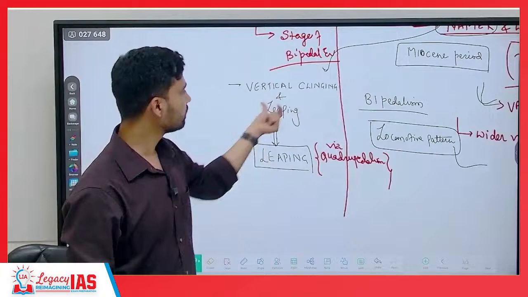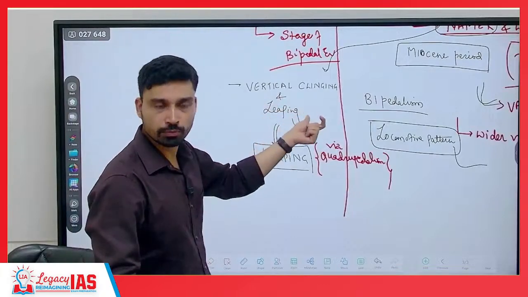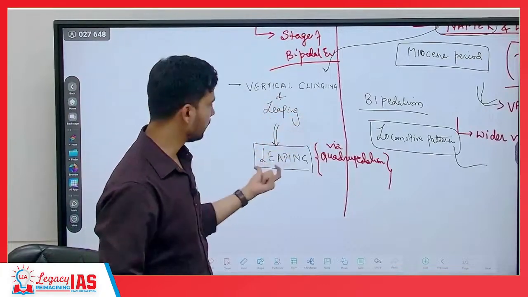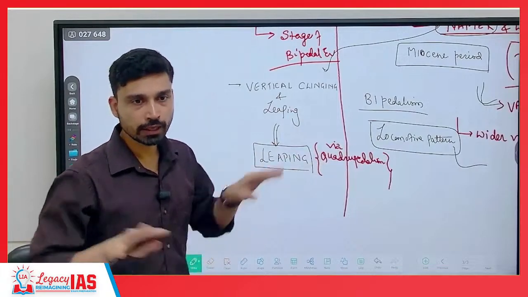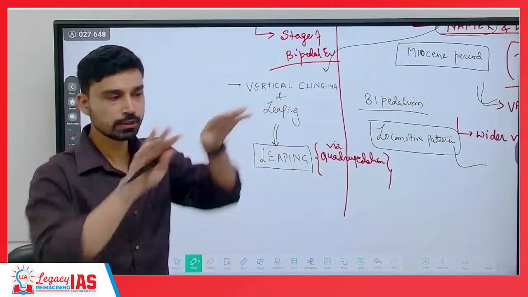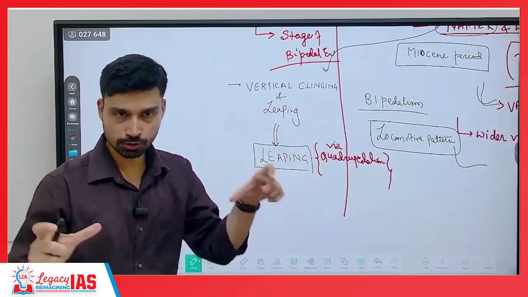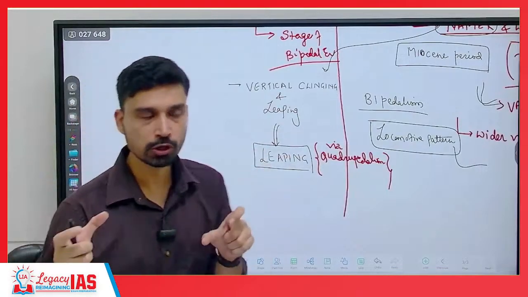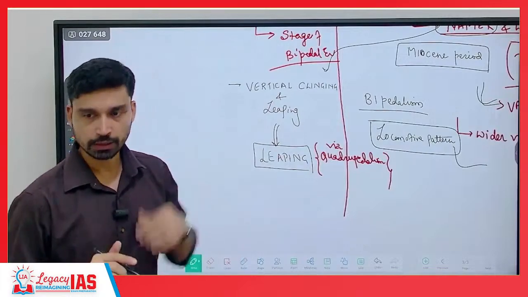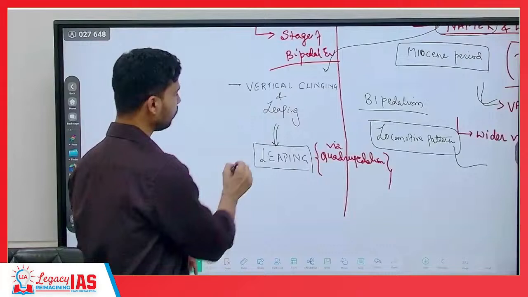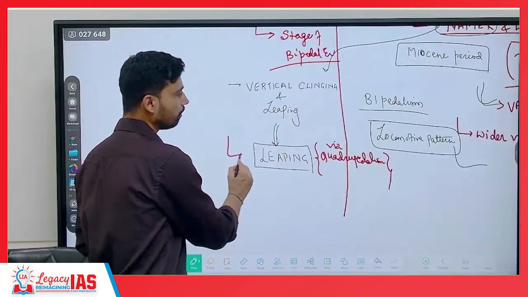That means vertical clinging and leaping is which kind of locomotion? Bipedal. Here they are sitting on the tree branch and then jumping using all four limbs. Then they are catching, because we have a prehensile thumb, toe and hand, the branches with all four together, and that is how they are leaping without hanging on the branch. So leaping via quadrupedalism.